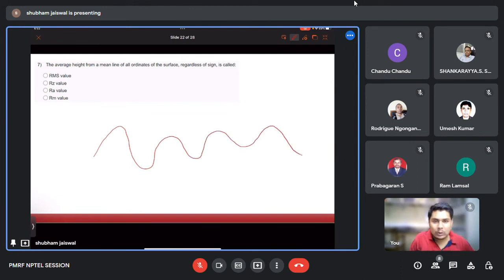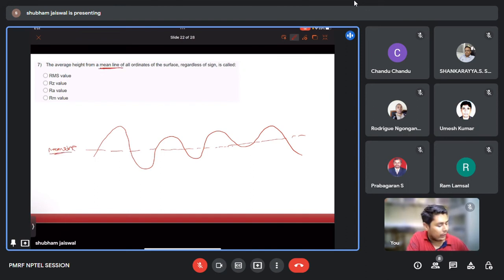Suppose this is my surface having some surface roughness, and this is my mean line. So here they have given the mean line.